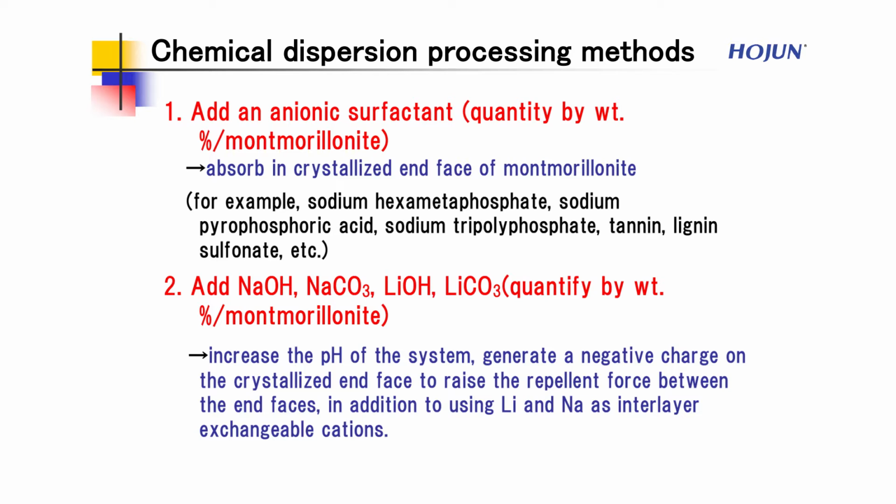In 1, dispersiveness is improved by using the absorption into the crystallized end face. In 2, the advantages of improvement in the repellent force based on the charge of the crystallized end face from pH and improvement in swelling based on interlayer exchanging with lithium and sodium are used.